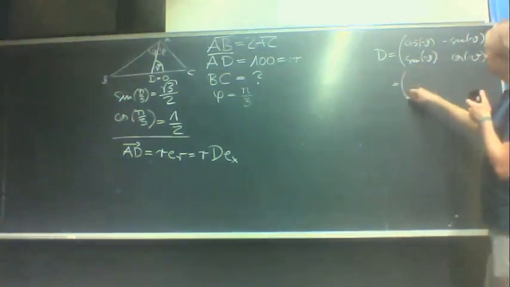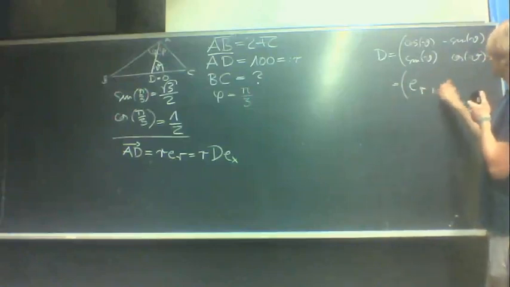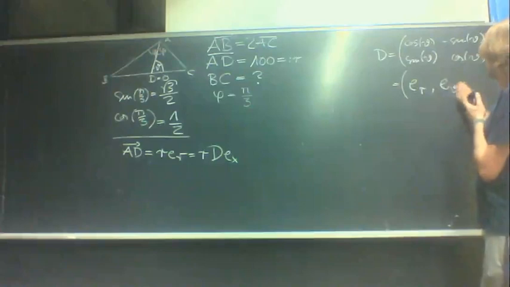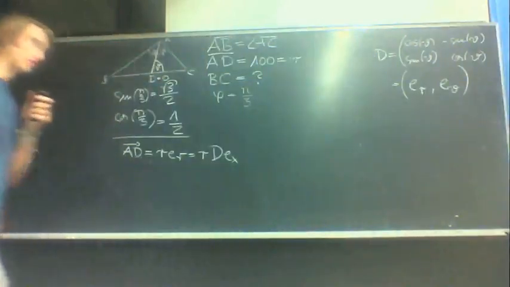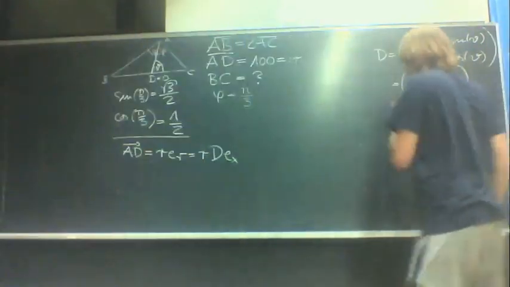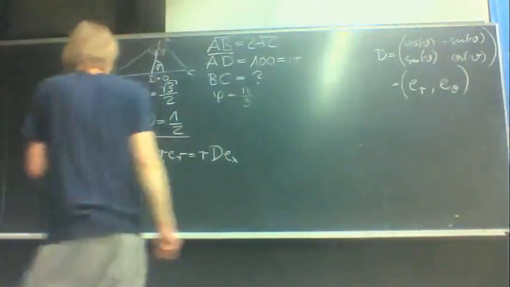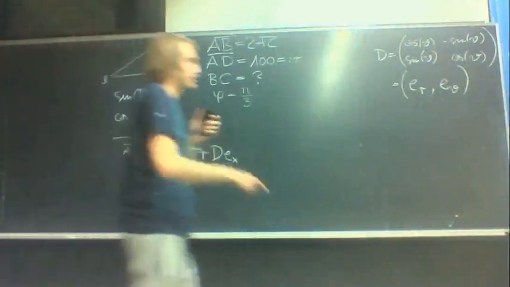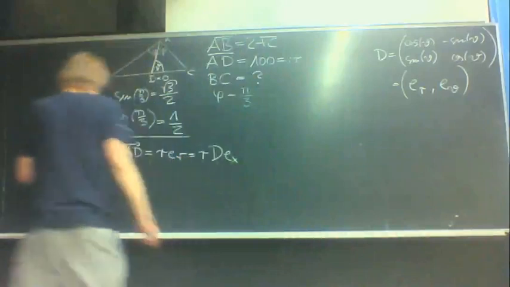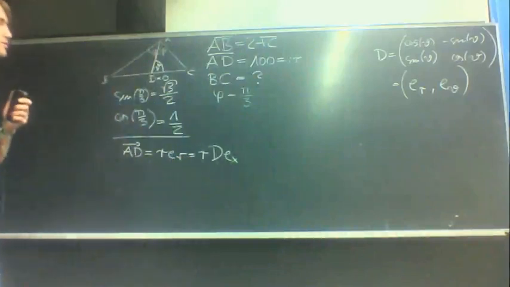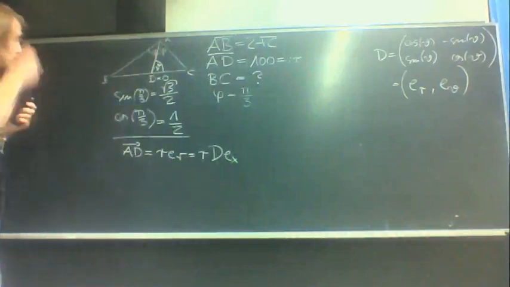And also we will call those ER, and this vector will be E theta. This is just a rotation matrix, everything is fine over here, so EX will be mapped to ER and EY will be mapped to E theta.